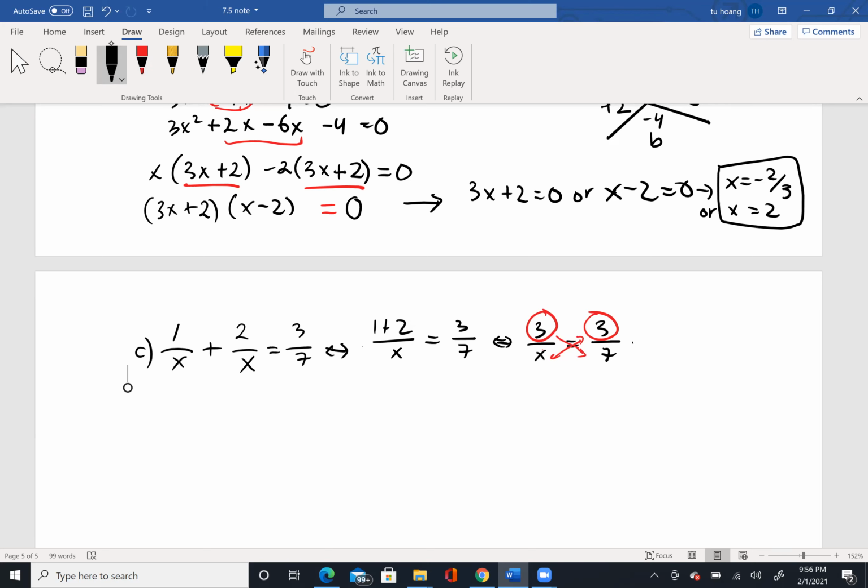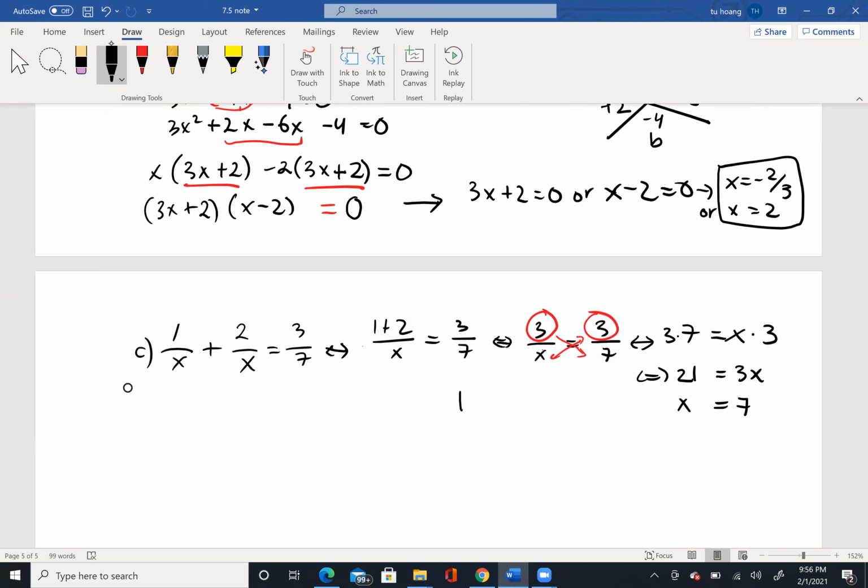So it can be rewritten as 3 times 7 equal to x times 3, right? And then you're going to have 21 equal to 3x. And you divide both sides by 3, you will get x equal to 7. So exactly what I just said, right?